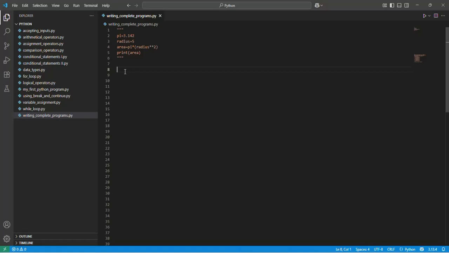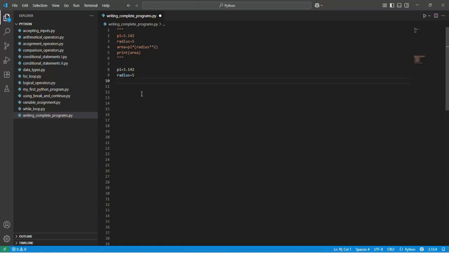Okay, so now let me say pi is equal to 3.142. Okay, and then radius is equal to 5, and then you know the formula for finding area is pi r squared.